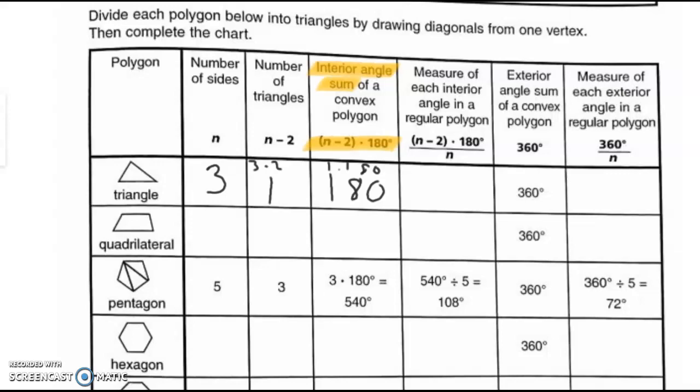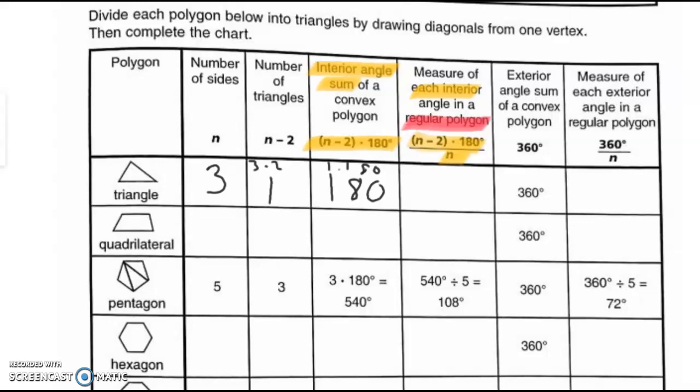Okay, to take that a step further, we're going to measure each interior angle. So each interior angle, and that does need to be in a regular polygon. So that's a difference. It has to be a regular polygon, meaning all the sides and angles are congruent. Then we're going to take that sum and divide it by the number of sides.